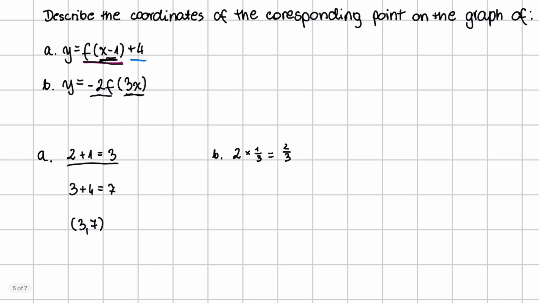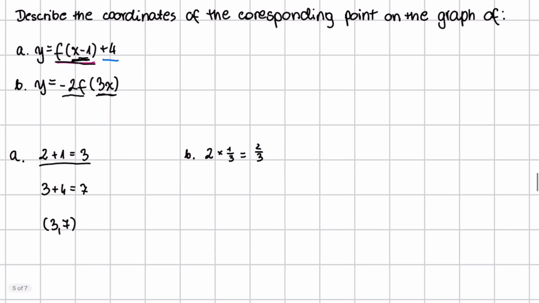Firstly, if we have minus in front of f, it means that this is a vertical reflection, and 2 in front of f means that we have to stretch our f by this factor, so by 2.